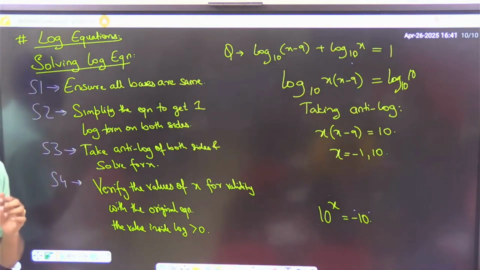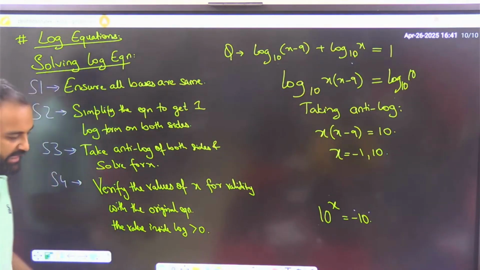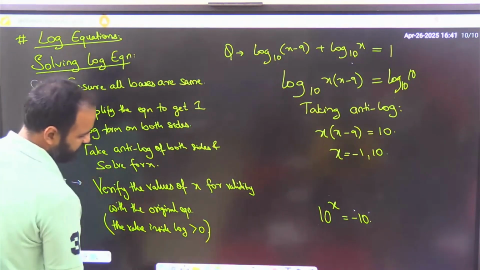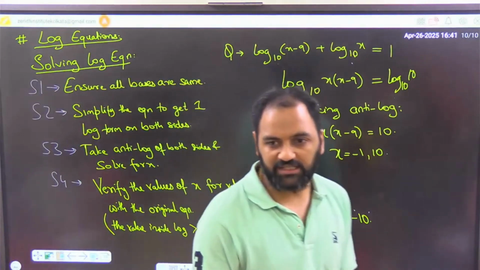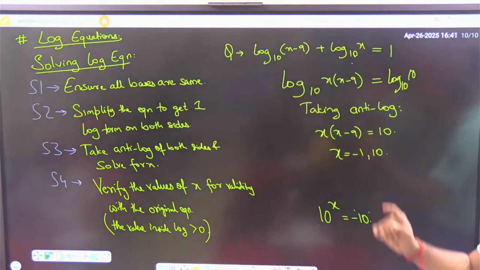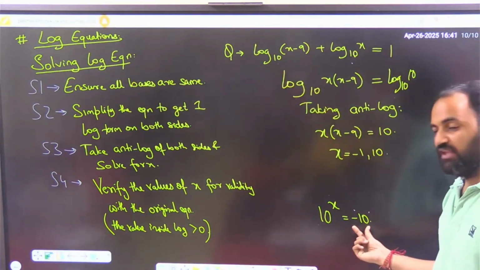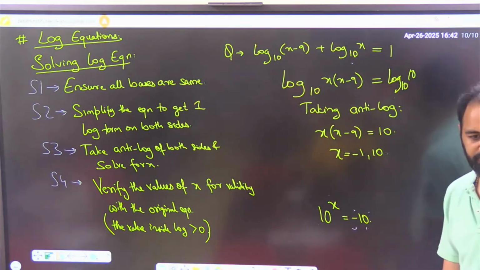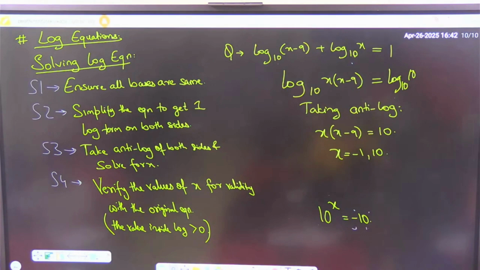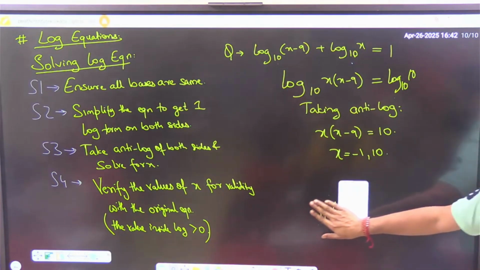Logs are only defined for positive numbers. You always have to verify this. In every question for logs that we solve, you always have to verify the solution. Log of a negative number is not defined.